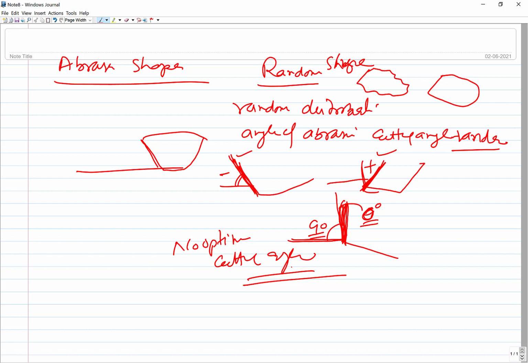Then you have how this cutting happens, and how the abrasives in the grinding wheel and the workpiece interact. Let us see.